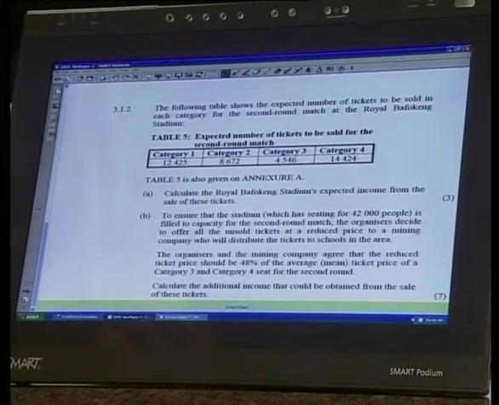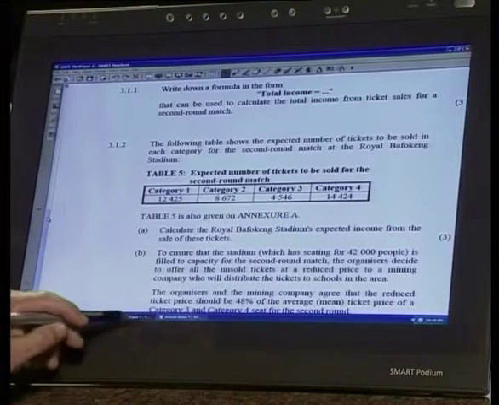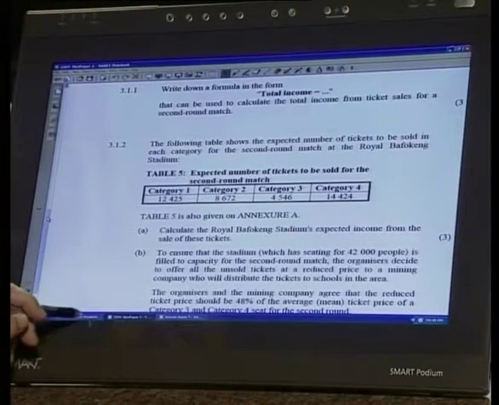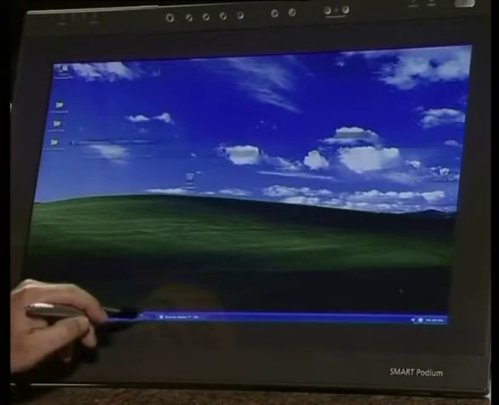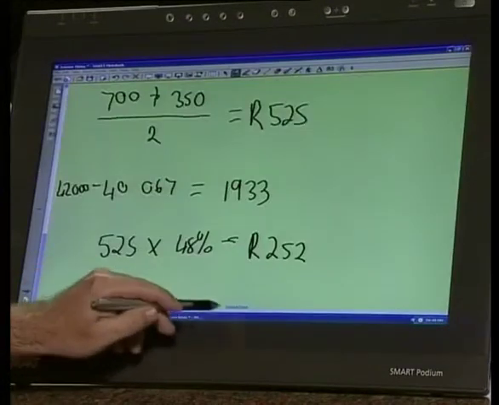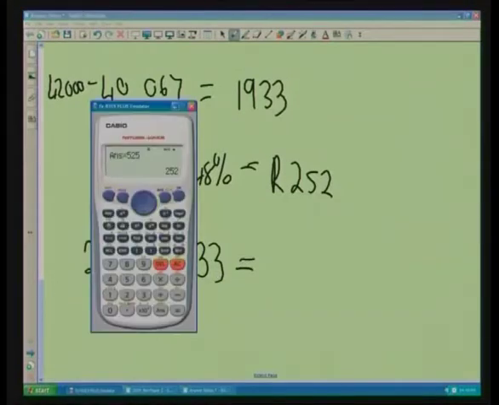So we're going to sell these tickets to this mining company at 252 Rand, and we're going to sell 1,933 of them. Let's go and work out that last calculation. So it's 252 multiplied by the total number that are available, 1,933.